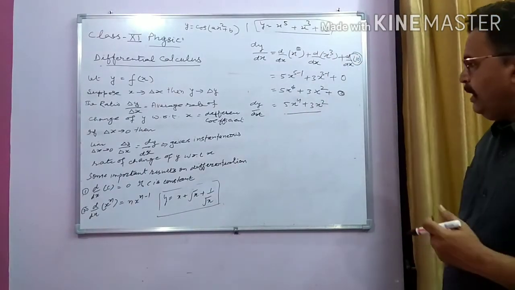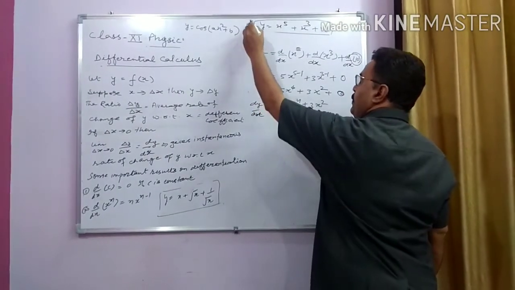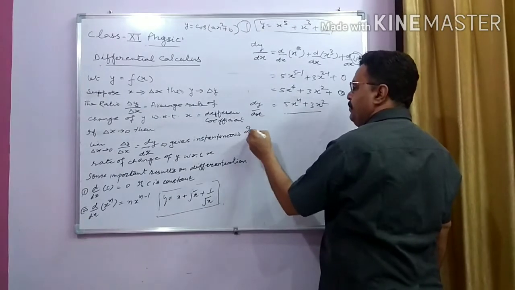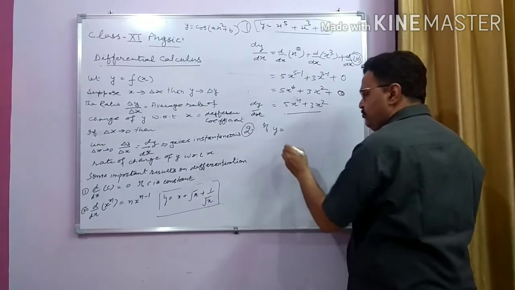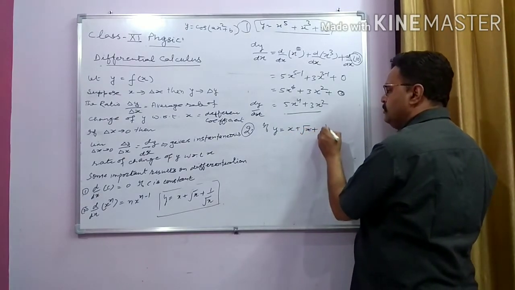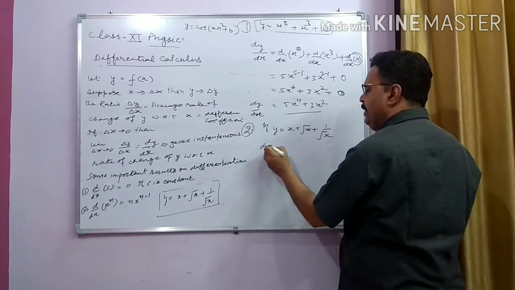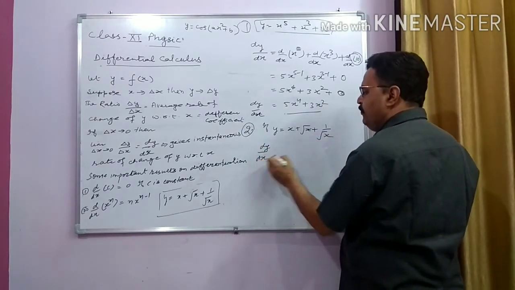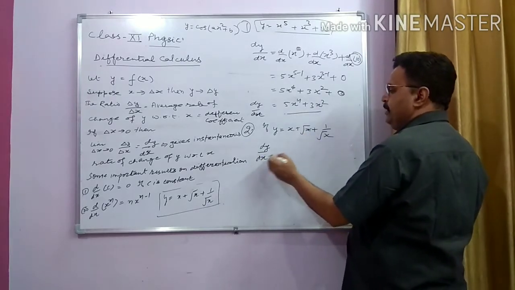Now we take another function, another example. This is example number 1, suppose. Then we take example number 2. If y equal to x plus root x plus 1 upon root x, then we can find dy upon dx, means the differential coefficient of y with respect to x.